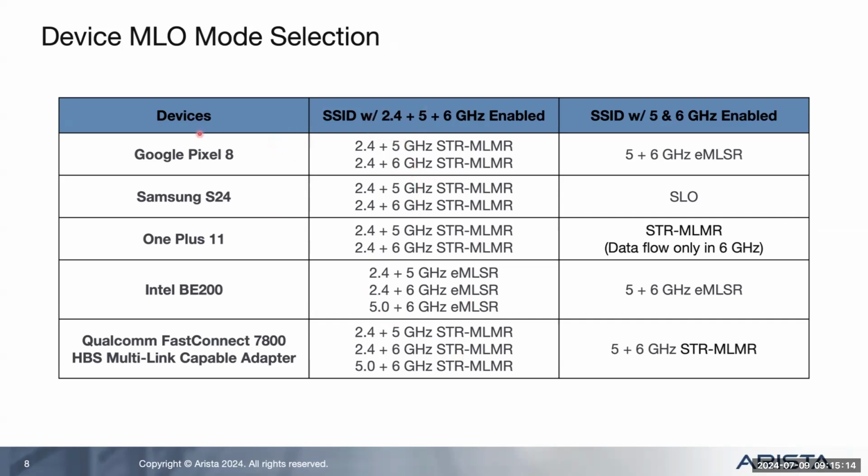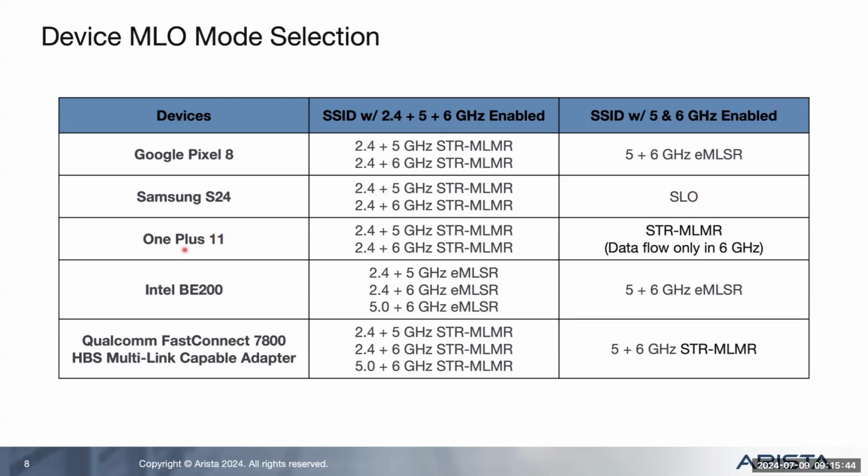For the Google Pixel 8, when the SSID is on 2.4, 5, and 6, we see the client does STR MLMR, whereas when the SSID is on 5 and 6, we see EMLSR. In the case of the Samsung S24, we see STR MLMR on 2.4 and 5 and on 2.4 and 6, whereas on 5 and 6 it does single link operation.